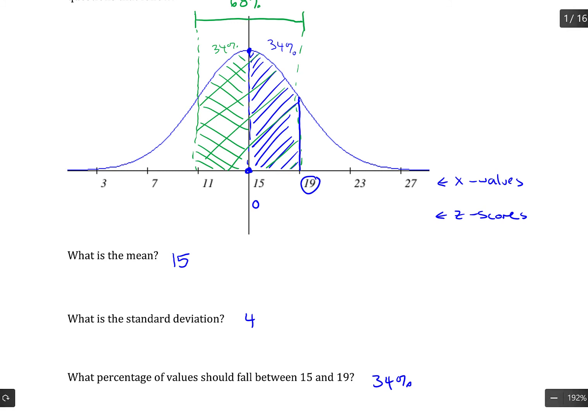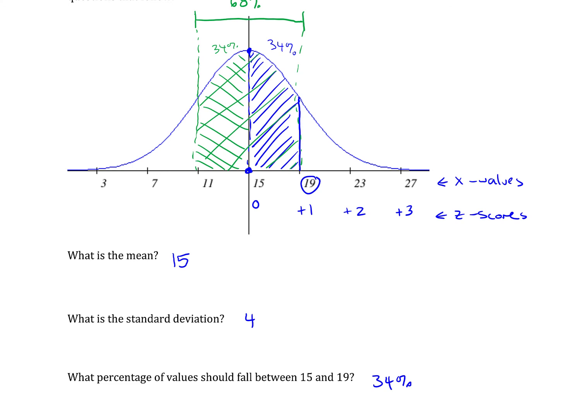So it's measuring by counting in standard deviations, which means 19 would be 1 standard deviation above the mean, so its z-score is 1. 23 is 2 standard deviations above the mean, so its z-score is 2. And likewise, 27 is 3 standard deviations above the mean, so its z-score is +3.